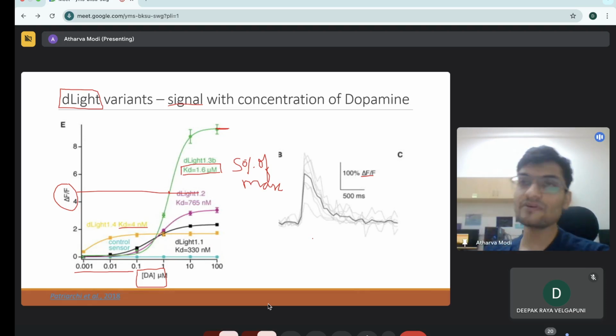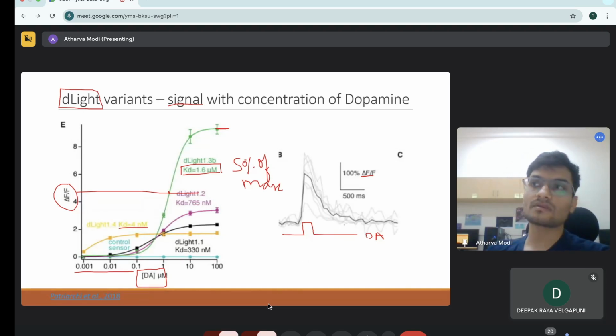And beware that this rising characteristic may be different from the falling characteristic, even if you have a step change in dopamine. These characteristics might differ in rising and falling.